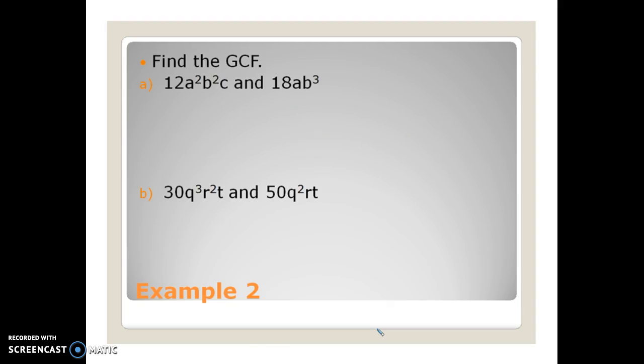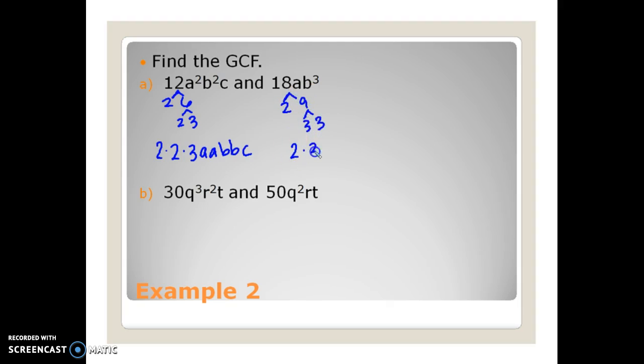So if I want to find the GCF of 12a squared b squared c and 18ab cubed, I'm going to do the same thing. I've got 2 and 6, 2 and 3. So then 12a squared b squared c becomes 2 times 2 times 3, 2 a's, 2 b's, and a c. 18 is 2 and 9, 9 is 3 and 3.